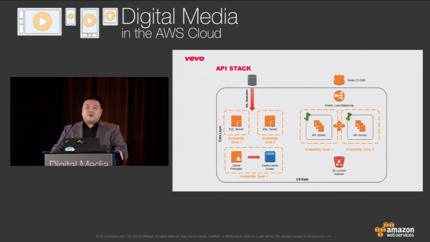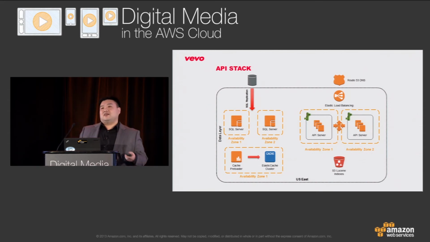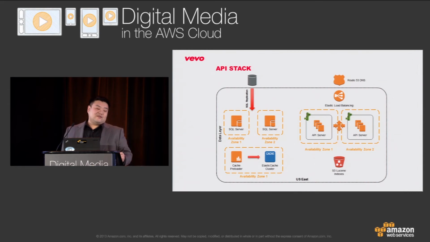And here's a little bit about our REST API. This is the API stack that we use to serve out the video playback access links and content to our internal endpoints, like the website, an Android device, an iPhone device. On the left-hand side, we're a mixture of hybridized cloud and physical data center.